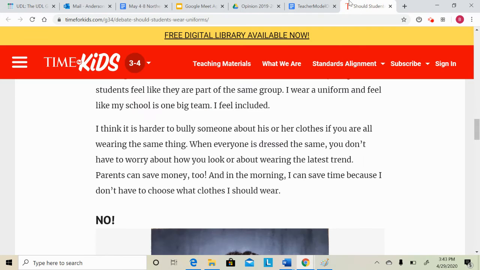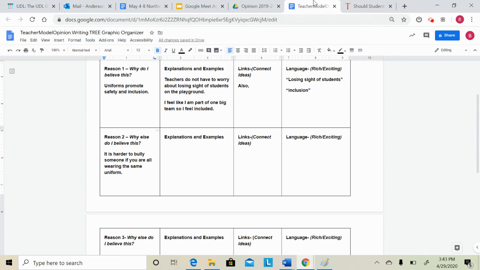Okay, let's see if she explains that at all. "When everyone is dressed the same, you don't have to worry about how you look or wearing the latest trend." Okay, so let's see. That kind of explains it and elaborates a little bit. It's not quite a separate example, but it explains her ideas and explains what she's trying to say.